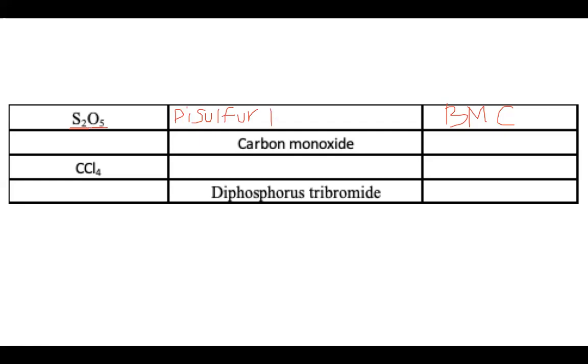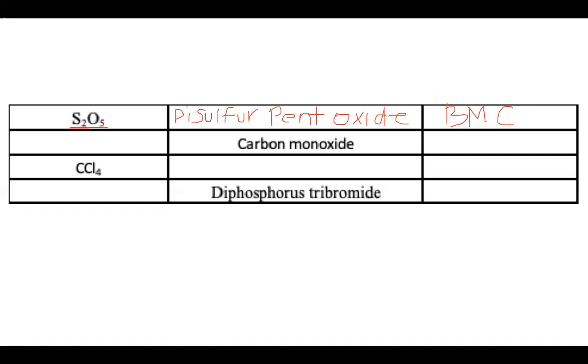So this will be pentoxide. Let me just erase this S, that doesn't go here. You can write pentoxide, or you can write pentaoxide, and it will be correct both ways. It's more common to see it as pentoxide, okay?